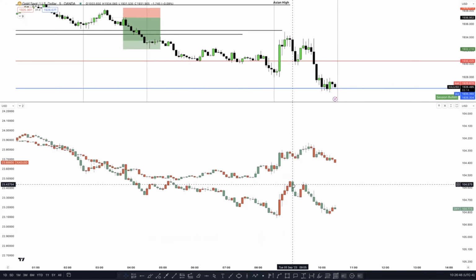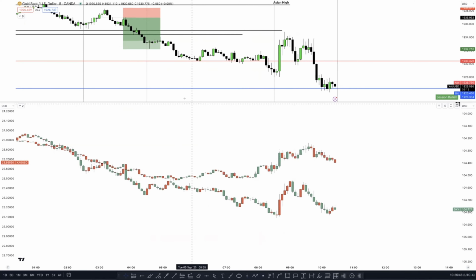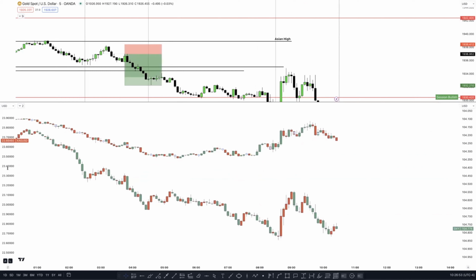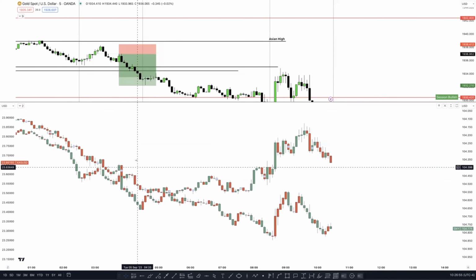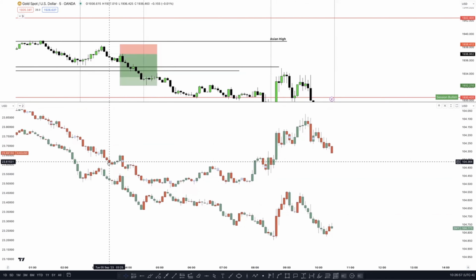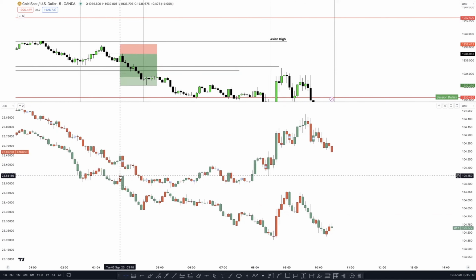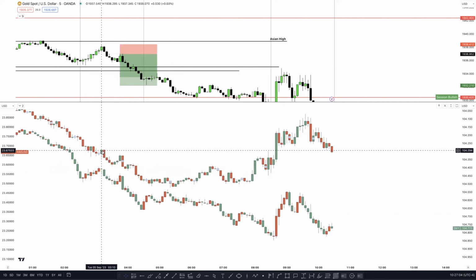One is the dollar index, one is silver. Inside these two intervals, can you see? Let me make it big for you. Can you see how here's a lower high, everything shows a lower high.